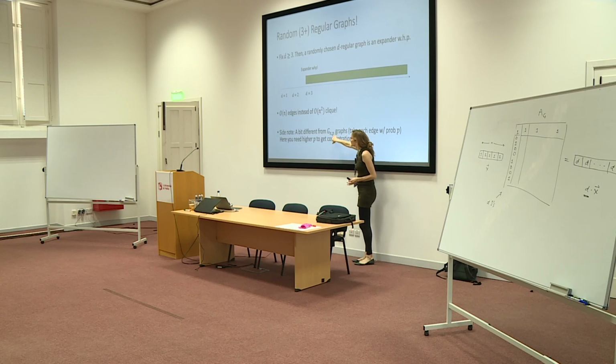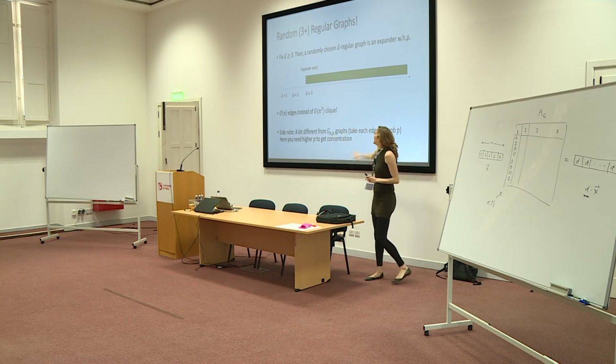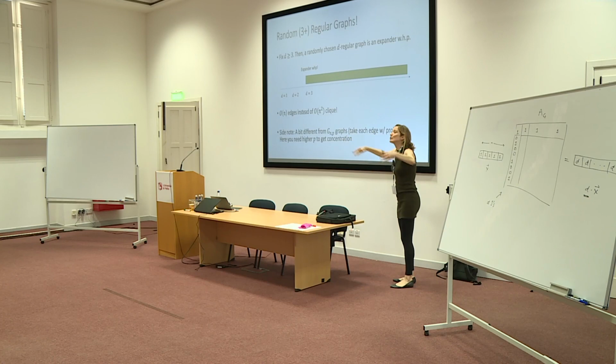If you're looking at that, then you actually need to push p up a little bit higher than the equivalent of like 3 divided by n, but this is just for the randomness to get concentration bounds. Okay, if you didn't follow that, that's not a problem. But here, if I'm only sampling graphs that already have the right degree, then it becomes much easier.